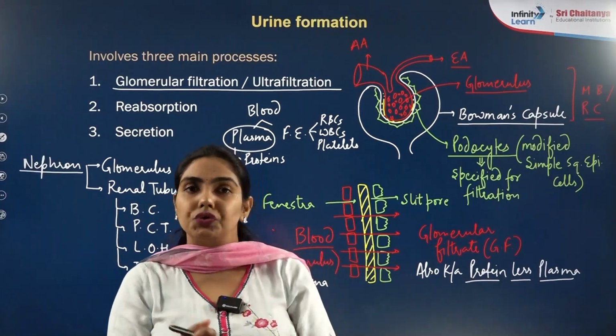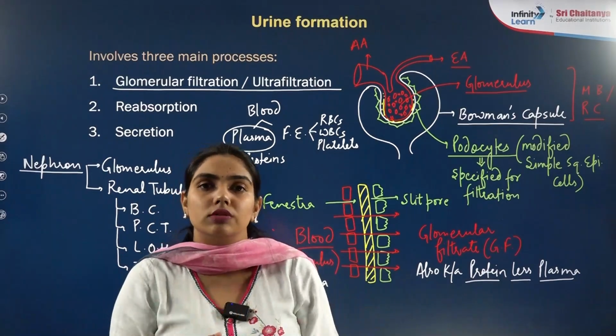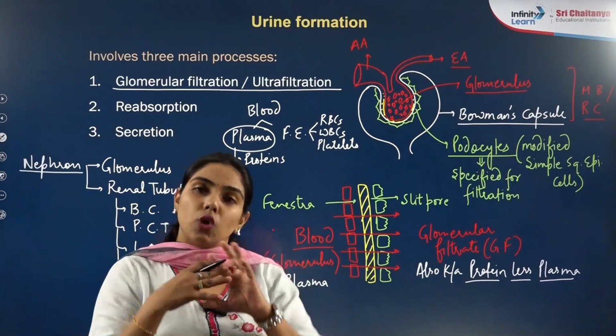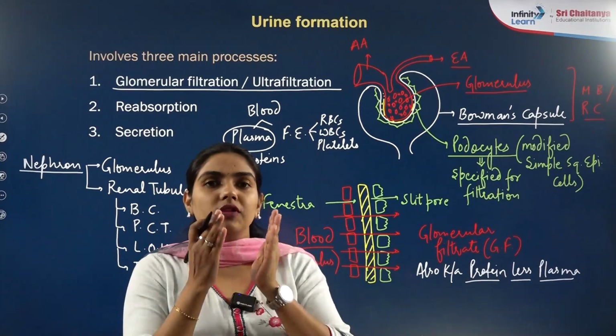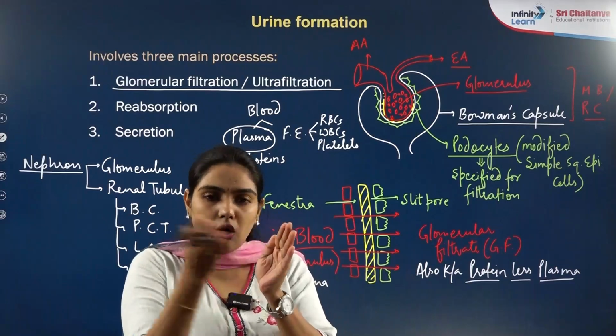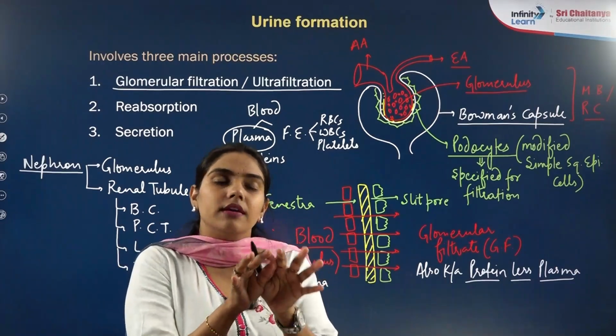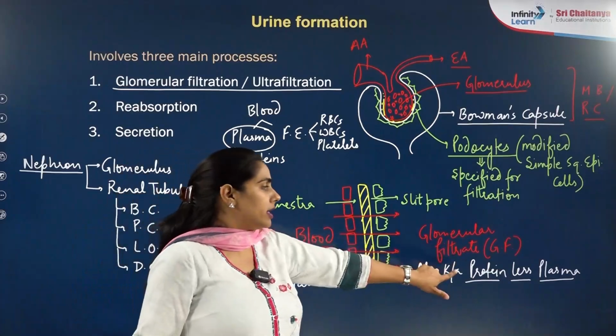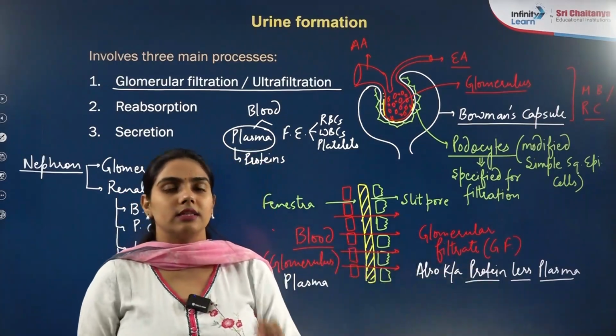Gases are present, nutrients are present, right? Hormones are present, the blood anticoagulant heparin is present. So many things are present. Some of the proteins which cannot filter will remain here, and that is why the glomerular filtrate is known as protein-less plasma.